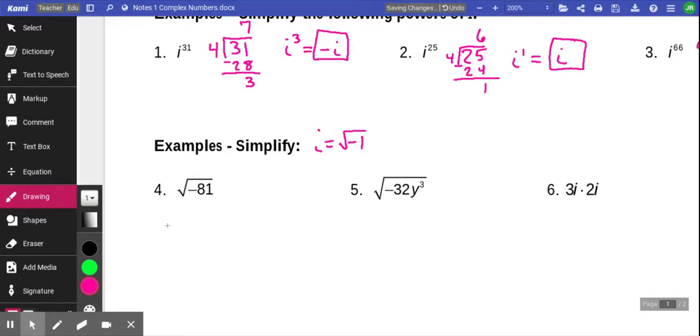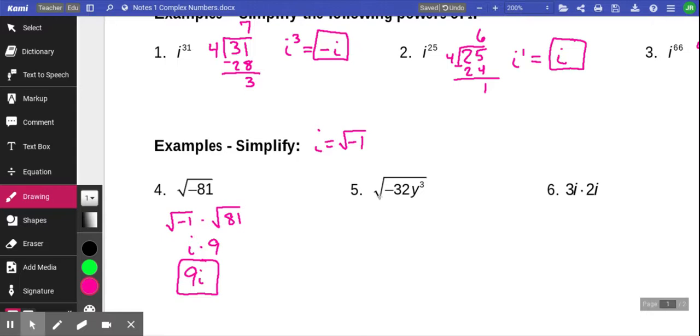So we can rewrite this as the square root of negative 1 times the square root of positive 81. And the square root of negative 1 is i. The square root of 81 is 9. And i times 9, even though i is a number, not a variable, we kind of treat it like one, and we'll always write it after the number. So this would reduce down to positive 9i because we wanted to take the positive square root of negative 81.